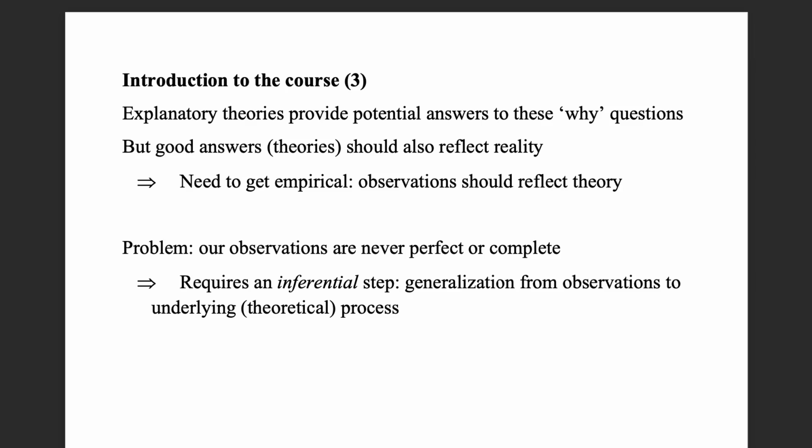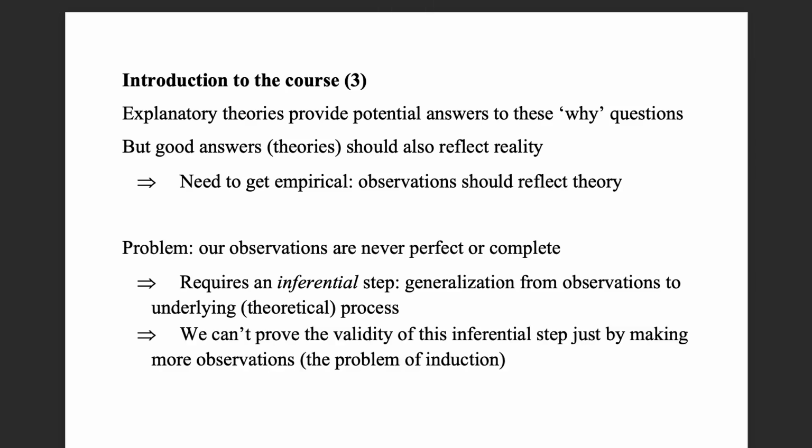Sometimes this is referred to as the data generating process, but it's really about, well, we have to generalize from what we observe to basically the theoretical process that we cannot ever fully or completely observe.